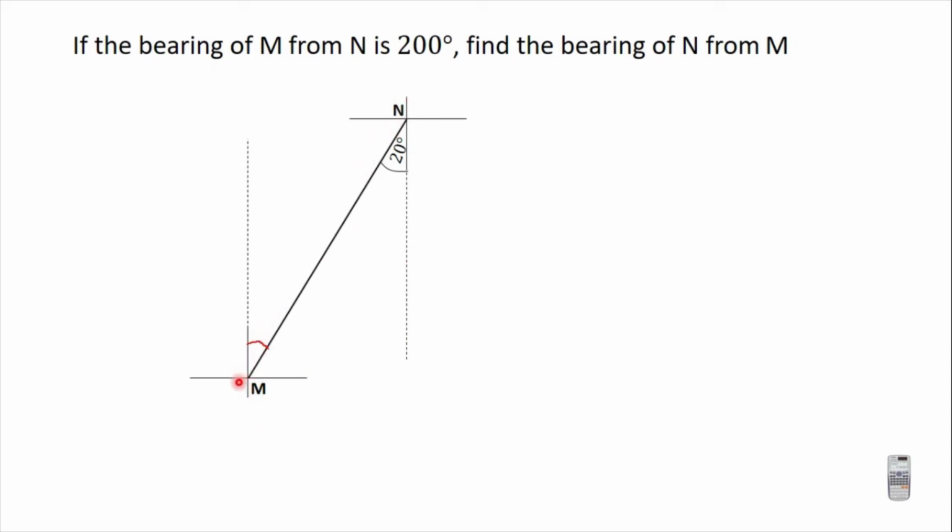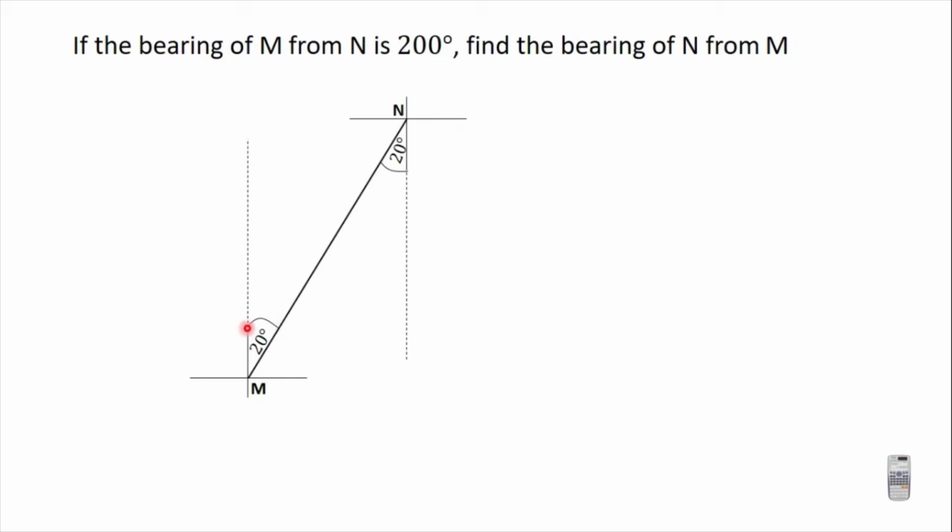And if it's a transversal, from the angle properties of parallel lines, we know that the angle created here and the angle created here will be alternating angles. Alternating angles are equal. So if here is 20 degrees, this side here is also going to be 20 degrees. So it means that the angle that we will find here is going to be 20 degrees. The bearing of N from M will be measured from this line straight onto this line here.